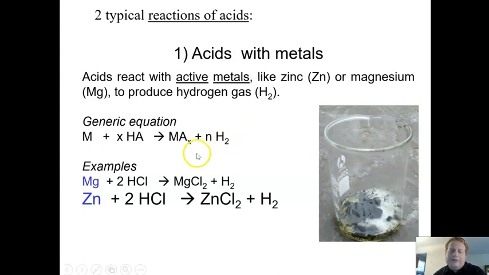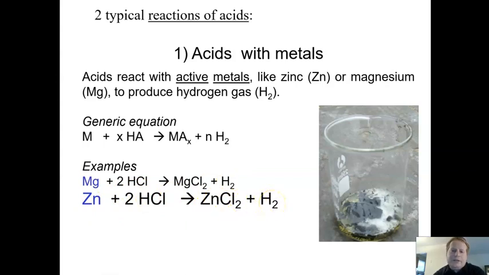Now specific examples of that same general equation: if we react magnesium with hydrochloric acid, it's going to make magnesium chloride salt and hydrogen gas. Zinc with hydrochloric acid will make zinc chloride salt and hydrogen gas.